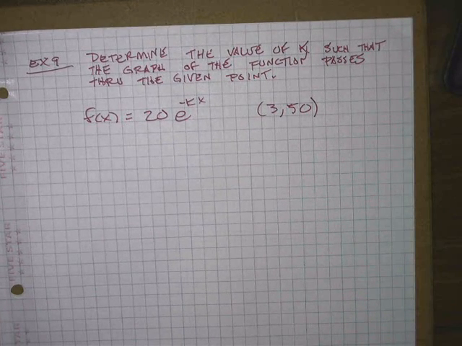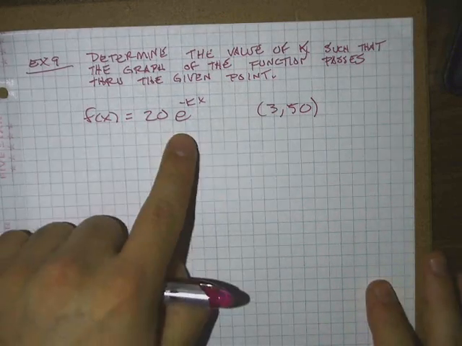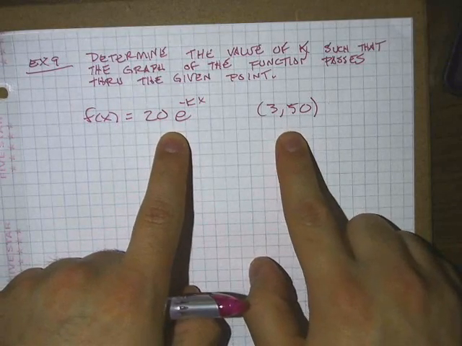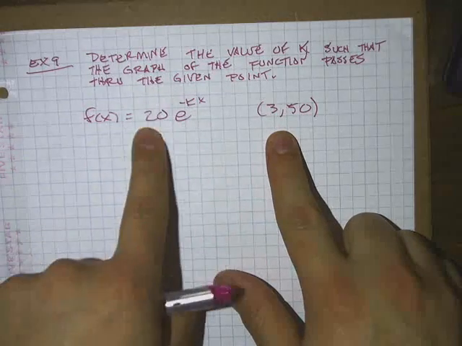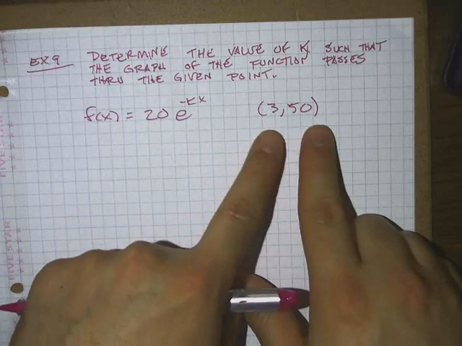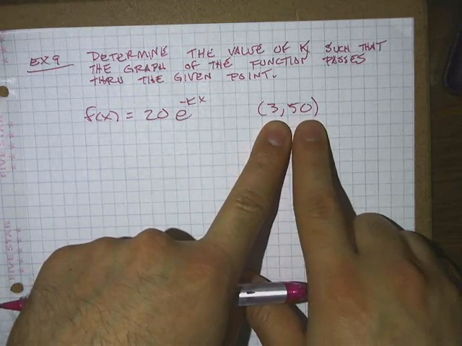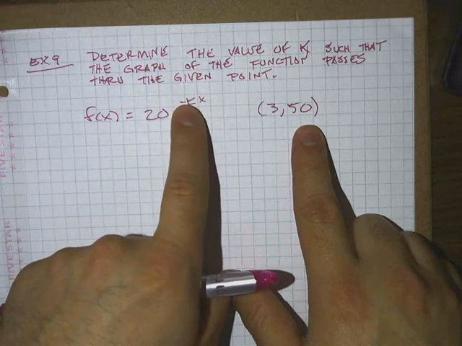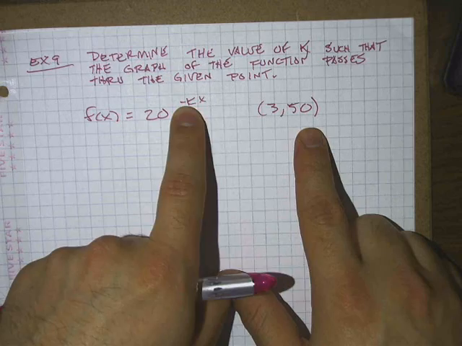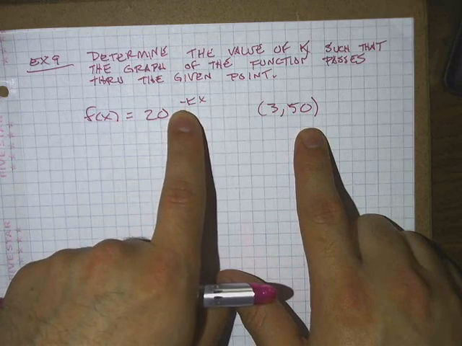Alright, so this problem here, example number 9, I chose this one because it combines two of the things we've already done before. We already know how to solve for different variables in our function given a point that we're crossing through. But in this case, the variable that we're interested in, the k, is in the exponent also. So this one's not as straightforward as the last one was.